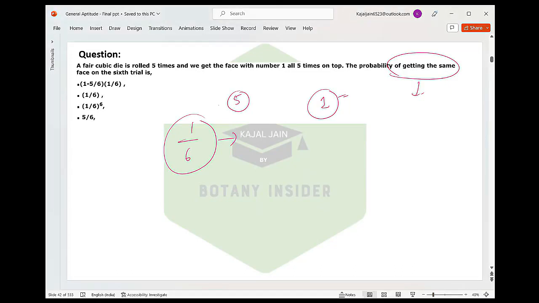We don't have a special type of cubic dice. So this time also the probability of getting the same number is 1 upon 6 itself. Very good. Some of you got the answer correct, one or two of you got it incorrect. A is not the correct answer. Answer for this will be 1 upon 6 itself.